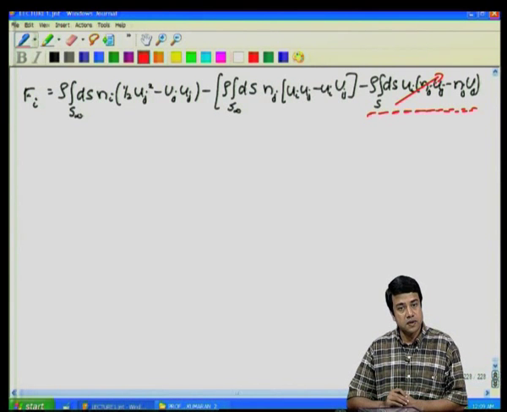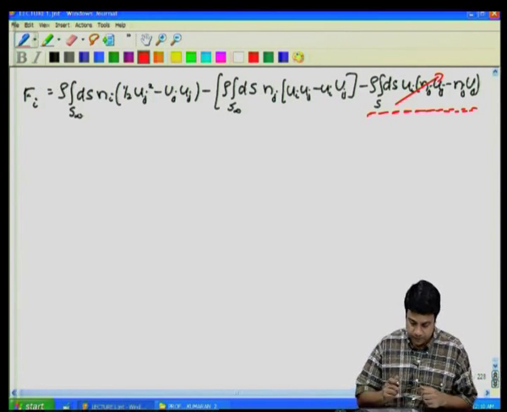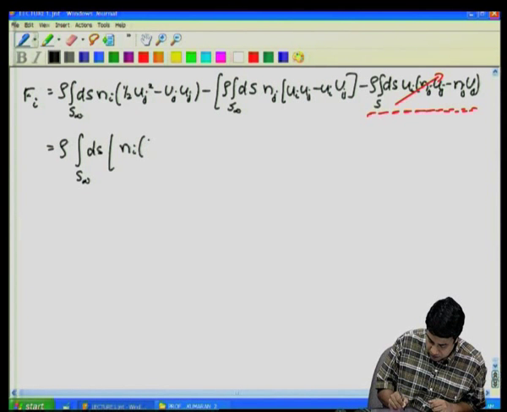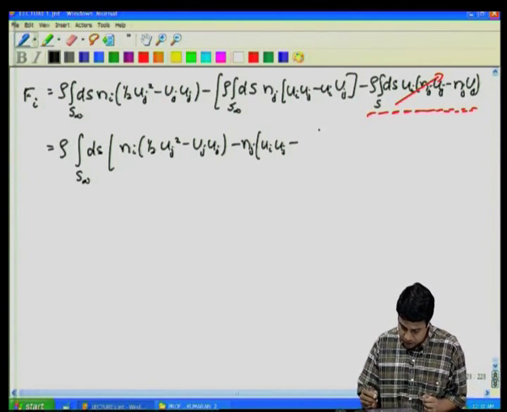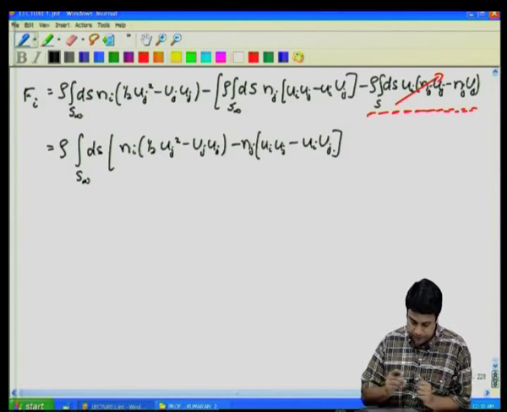So, the net force on this object has been reduced to a surface integral over the surface at infinity. This is equal to rho times integral over the surface at infinity dS of ni into half uj square minus nj into ui uj minus ui times capital Uj.